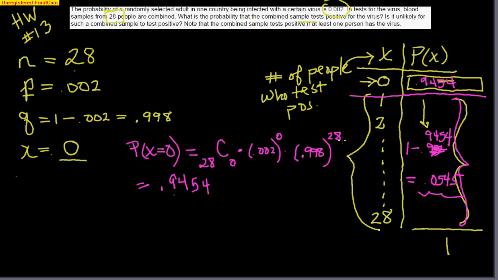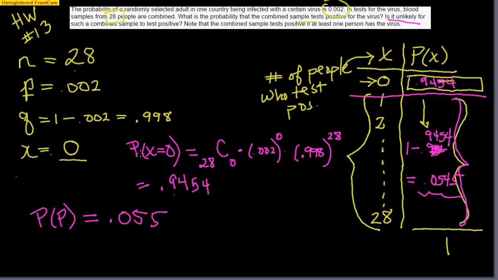So this is the probability that it will test positive. 0.055 approximately is the probability of a positive test result. And the question then becomes, is it unlikely for such a combined sample to test positive?